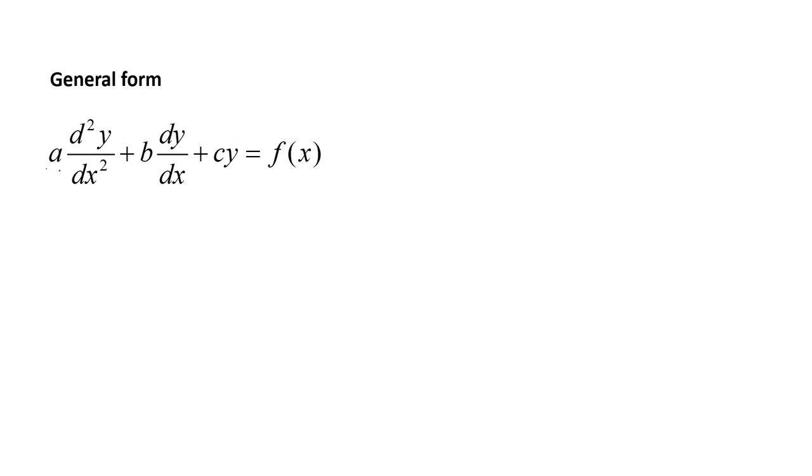Constant coefficient means the coefficients for your second derivative, first derivative, and y are constant values. Sometimes d2y dx2 can be written as y double prime, dy dx is y prime, and y is y, so a y double prime plus b y prime plus c y equal to f(x).